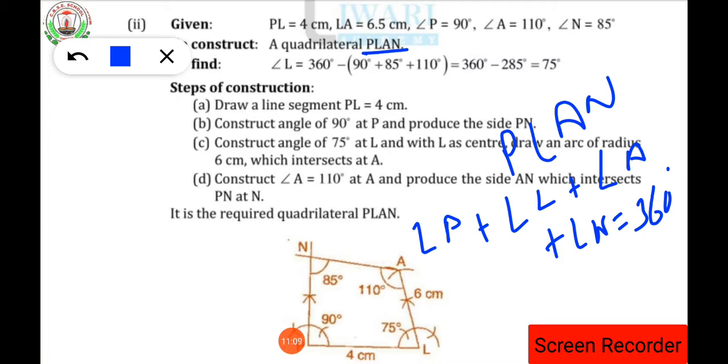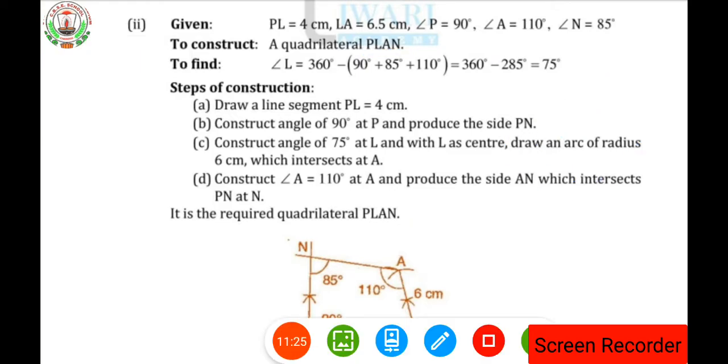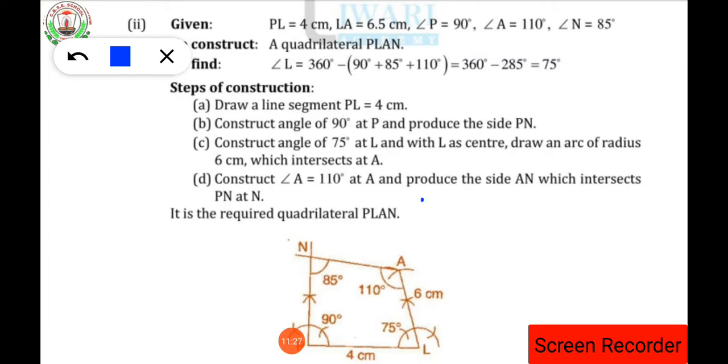That's why. Now, what is the measurement of angle P we have? 90 degree, isn't it? Now, the measurement of angle L we have to find out. Then what is given? Again I will write angle P plus angle L plus angle A plus angle N is equal to 360 degree, isn't it?